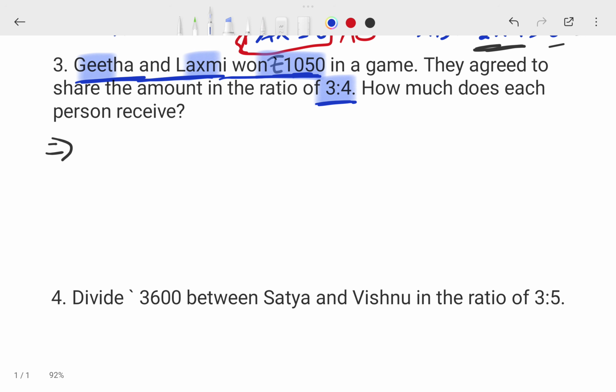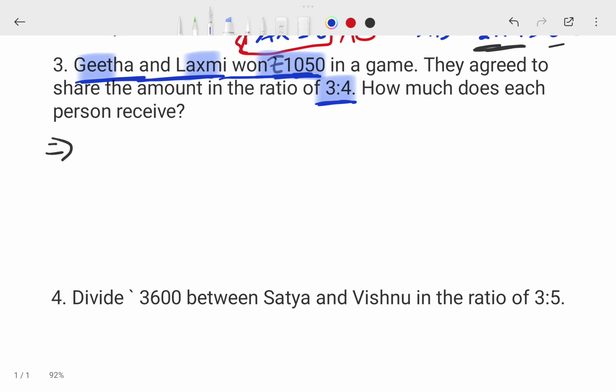But we know that they both shared it in the 3:4 ratio.